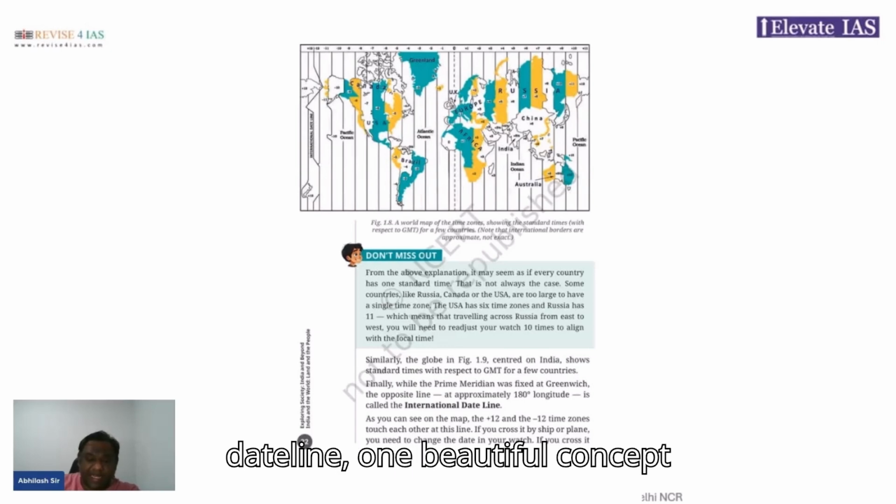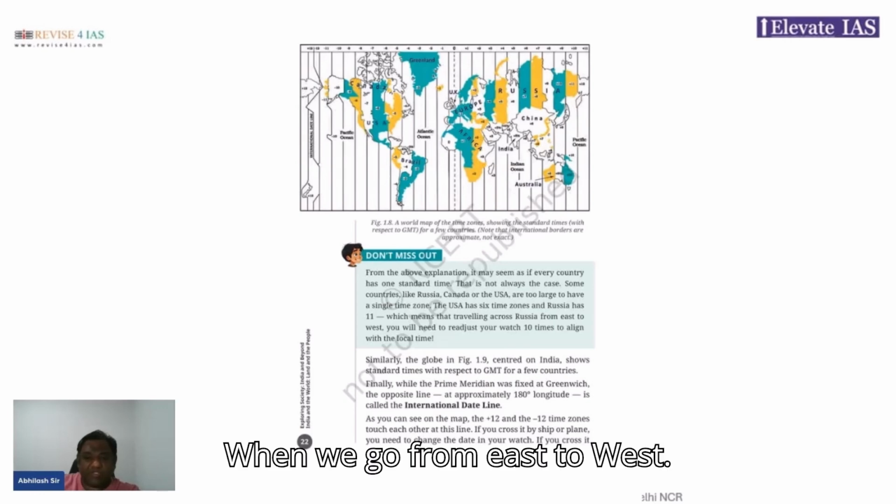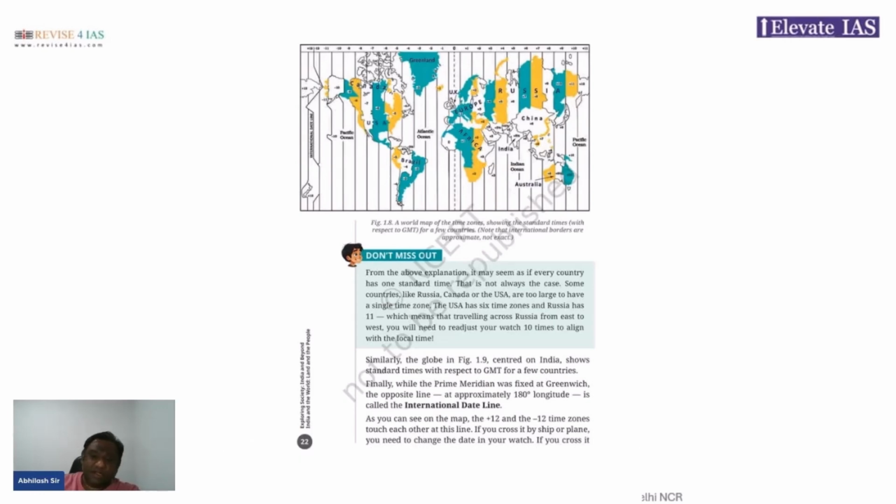Now, in the date line, one beautiful concept happens: when we go from west to east, we lose a day. When we go from east to west, we gain a day.